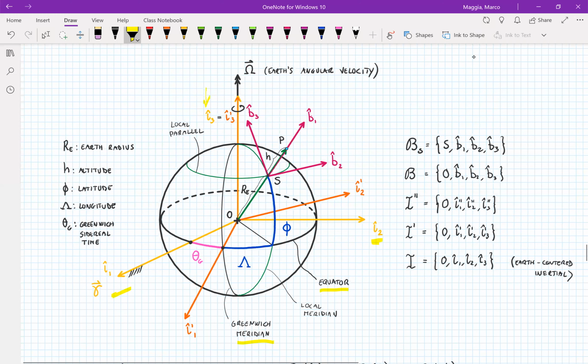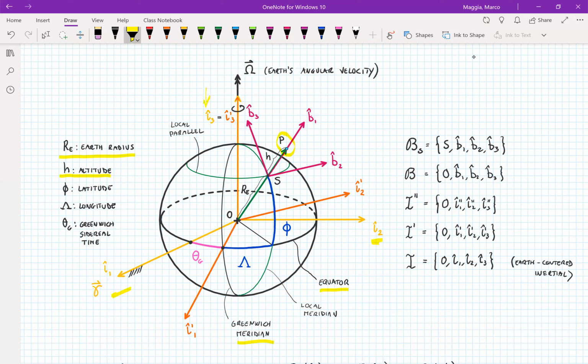And then we have our vehicle, P. Its position with respect to the center of the Earth is given by RE, which is the Earth radius and is a constant, and then a non-constant altitude, H. And so we can define a body frame of reference.